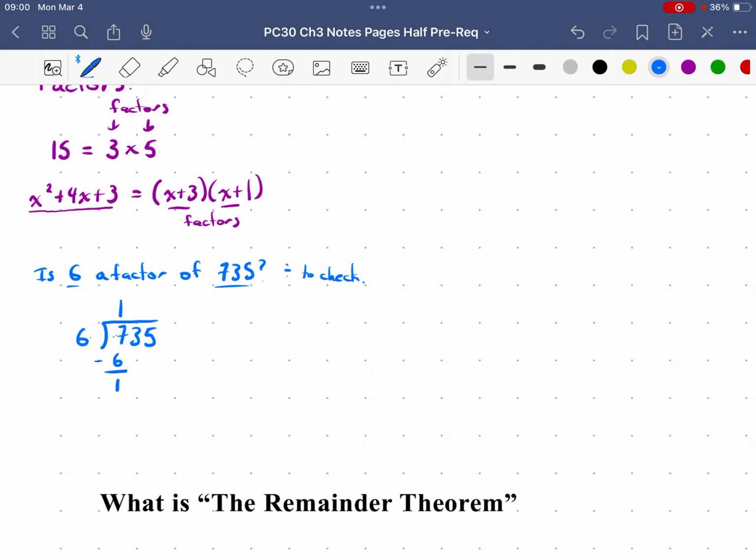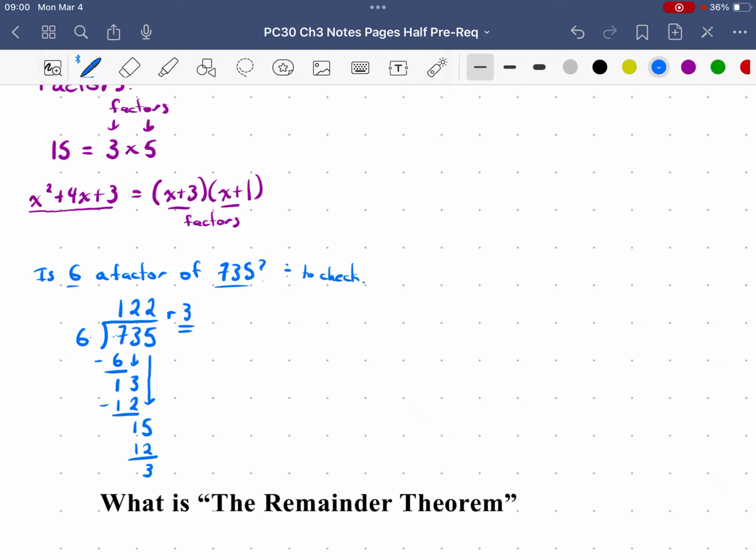Subtract, it's 1. Bring down the 3. All right, 6 into 13, that's twice. And that's 12, and that's subtract, and that's 1. Bring down the 5. Does 6 go into 15? Well, it does twice, and that's 12, and that's 3. So we have a remainder of 3.